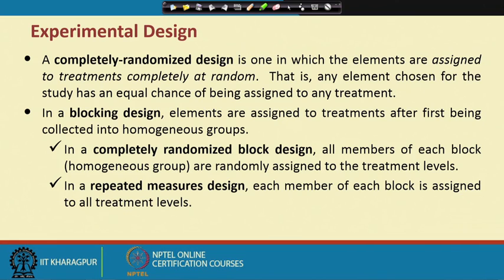In the case of block designs, elements are assigned to treatments after first being collected into homogeneous groups. So, in a randomized block design, all members of each block, that is the homogeneous groups, are randomly assigned to the treatment labels.